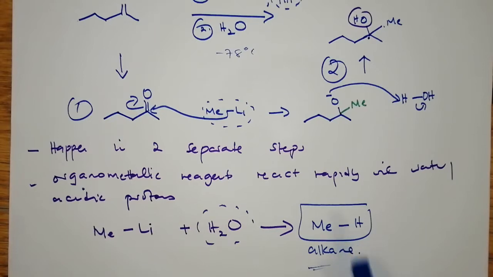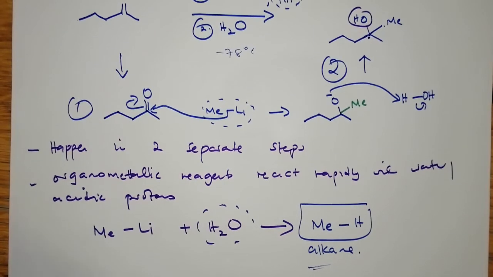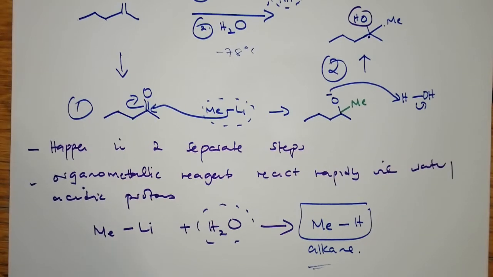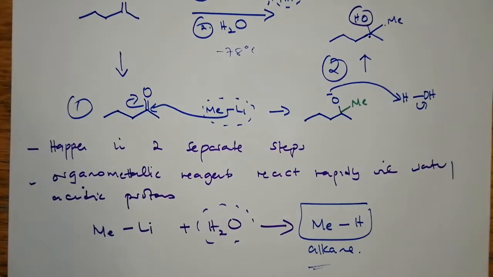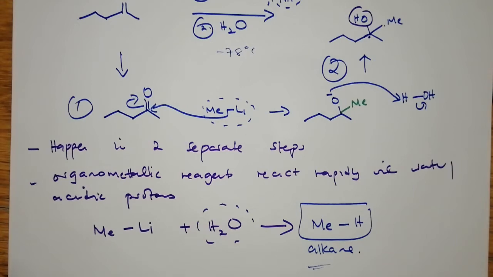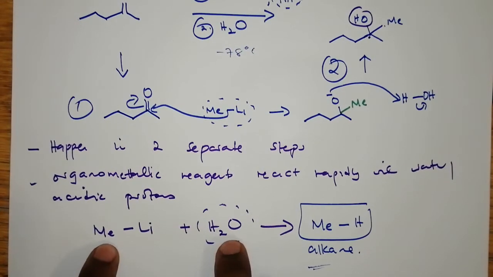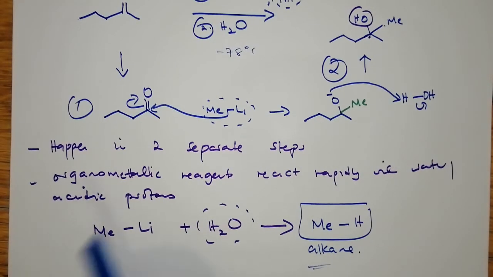So the whole purpose of organometallic reagents reacting with ketones or aldehydes has been abolished, because if this and this are in the same step, this is going to react rapidly with this to form an alkane, and so the lithium is destroyed already. You know what I'm saying?